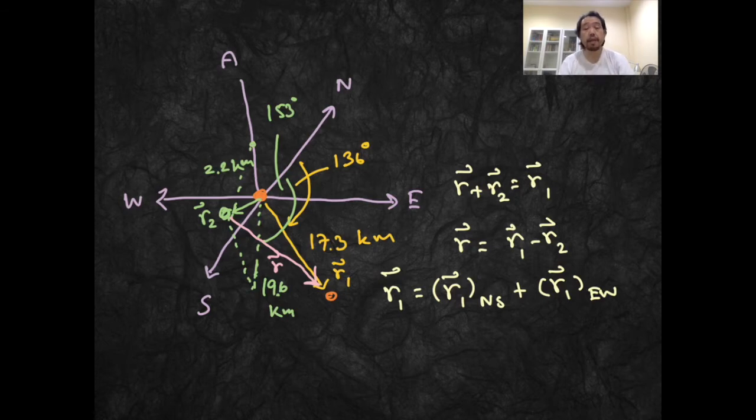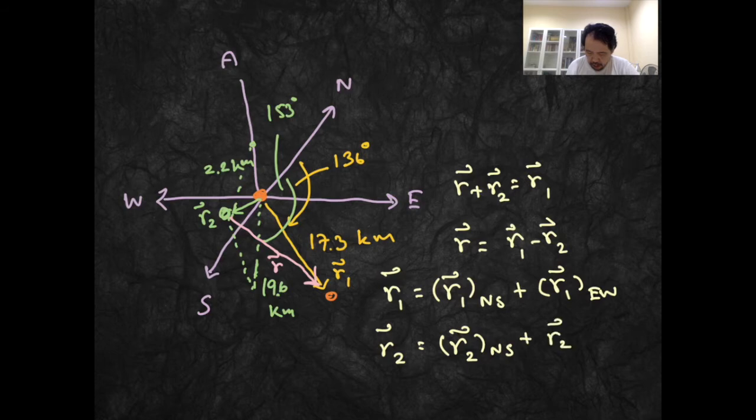That means we dissolve the vector R1 into two components along the north-south axis and east-west axis. Also, we can write the vector R2, which is R2 along the north-south axis plus R2 along the east-west axis, and then plus R2 along the altitude axis.